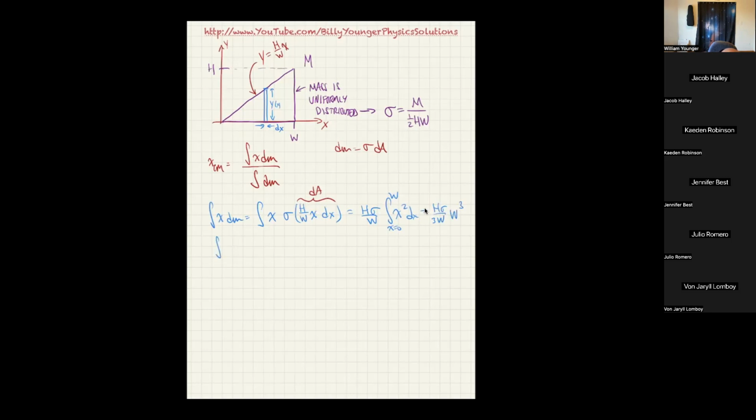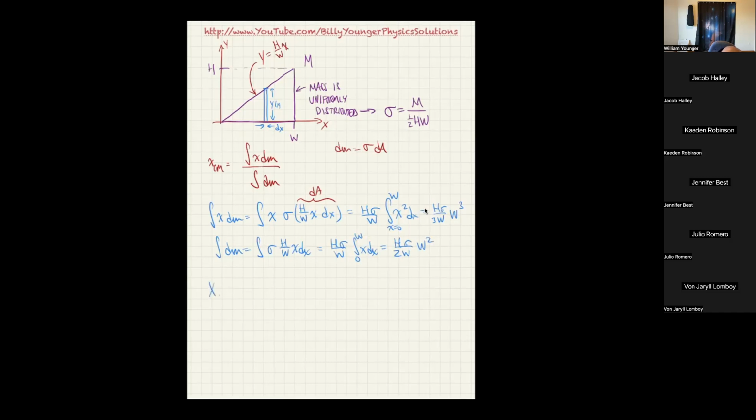Now I've got to do the integral of dm, which is just the integral of sigma h over w x dx, which is going to be h sigma over w times the integral of x dx, which equals h sigma over 2w times, again, 0 to w, times w squared.